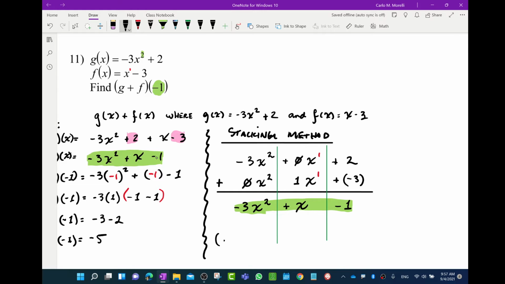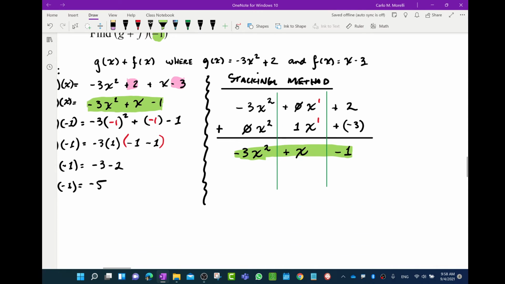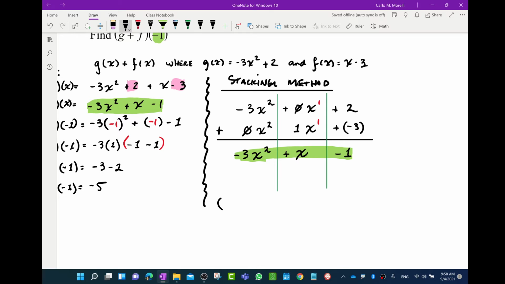So you would say g plus f of negative 1 equals, well, I don't want to get rid of the columns because I want you to see them in your notes, so I'll just write this lower. g plus f of negative 1 equals negative 3, open parentheses, negative 1 squared, plus, open parentheses, negative 1, close parentheses, minus 1.